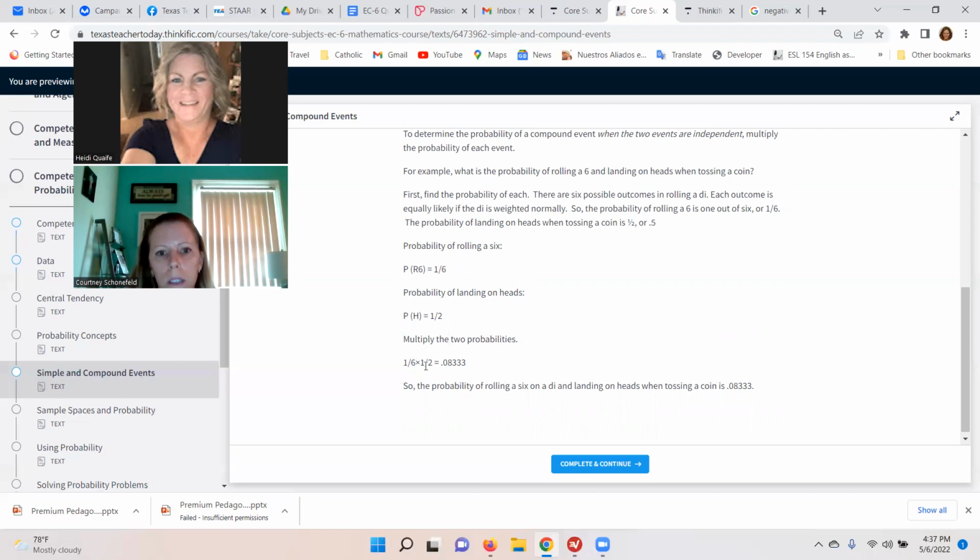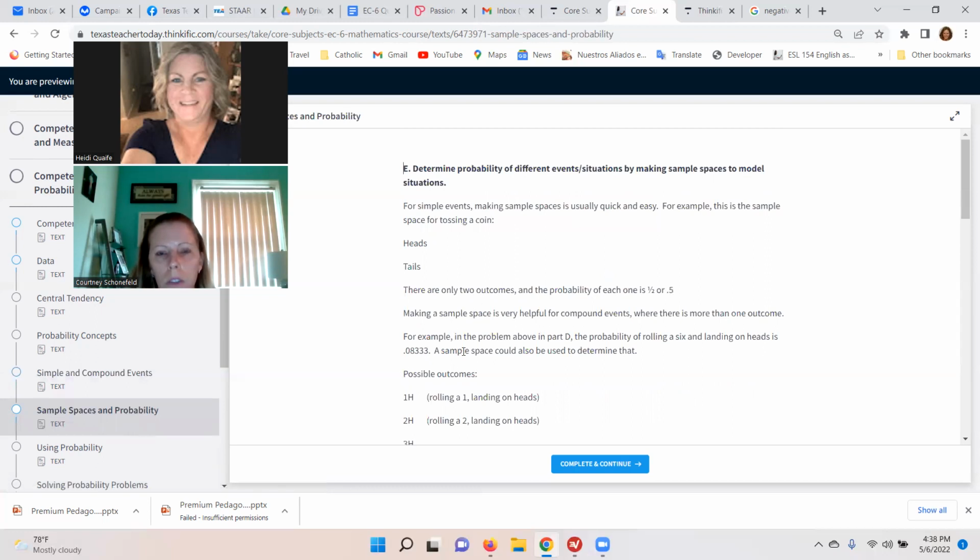We have 1/6 times 1/2, and our answer is 0.083333. So the probability of both of those events, rolling a 6 on a die and landing on heads when tossing a coin, is 0.0833. Okay, so if you wanted to say it as a percent, it would be an 8.3% chance, right? So that's simple and compound.